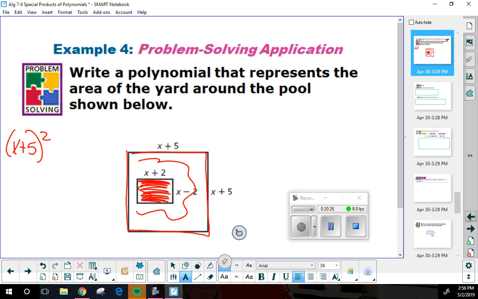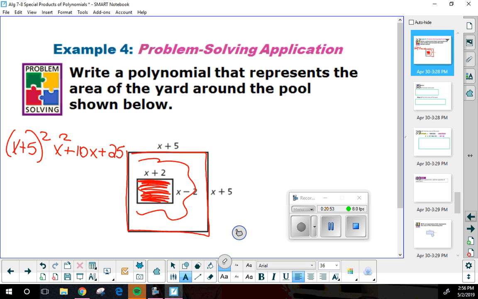Figure that out on your whiteboard. You got your cheat sheets, or you can do FOIL. Did y'all get x squared plus 10x plus 25?